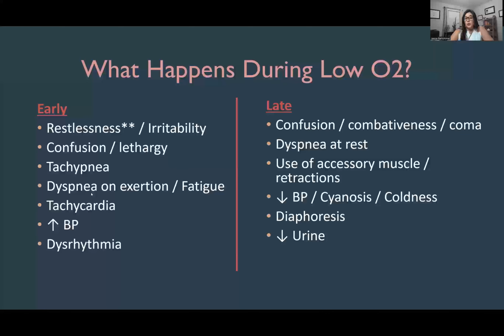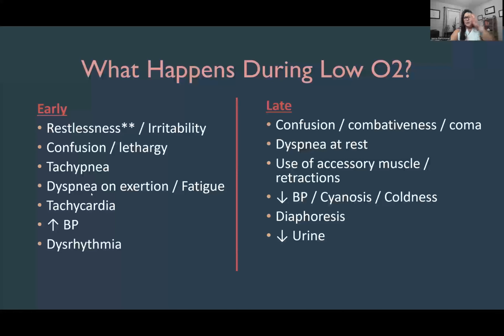Maybe you start breathing a little bit faster because you're trying to get more oxygen. Your heart starts pumping a little bit faster as well because you need more oxygen. Your blood pressure increases. You can also have shortness of breath or fatigue.